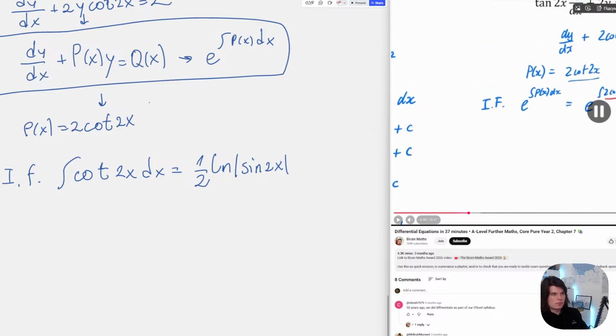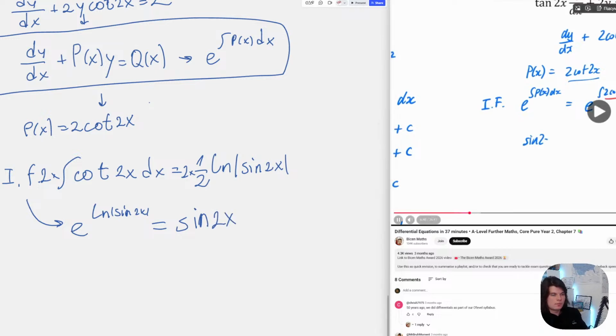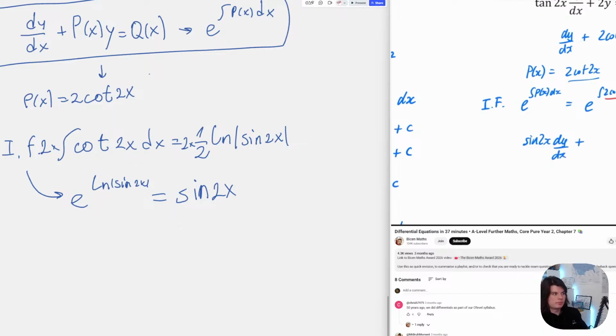So I'm now going to take the equation that's here and I'll multiply it all by sine 2x, so that we have sine 2x dy by dx plus 2 cot 2x y.